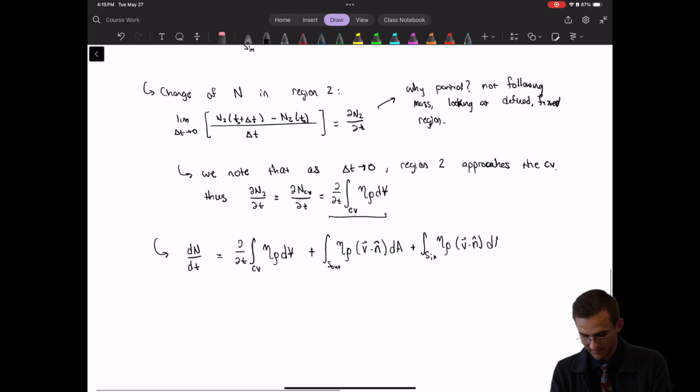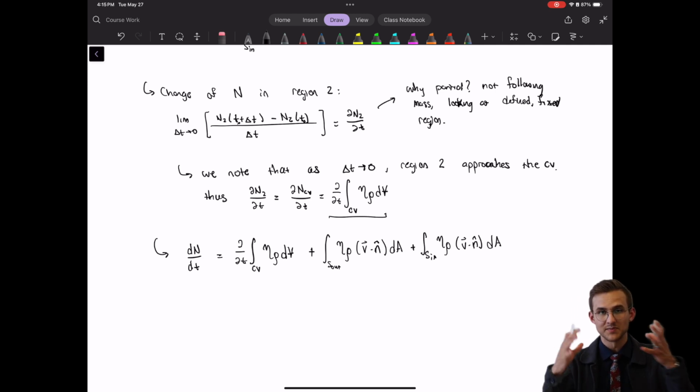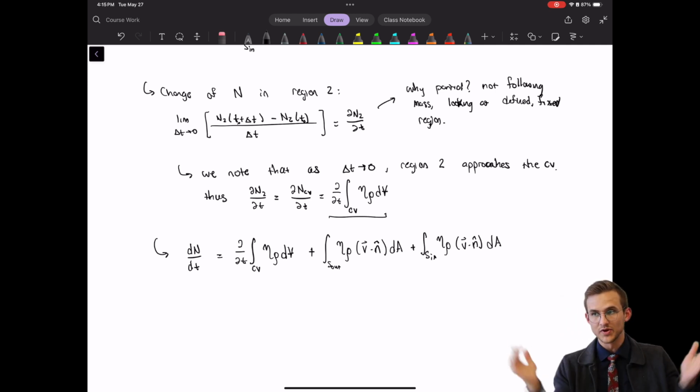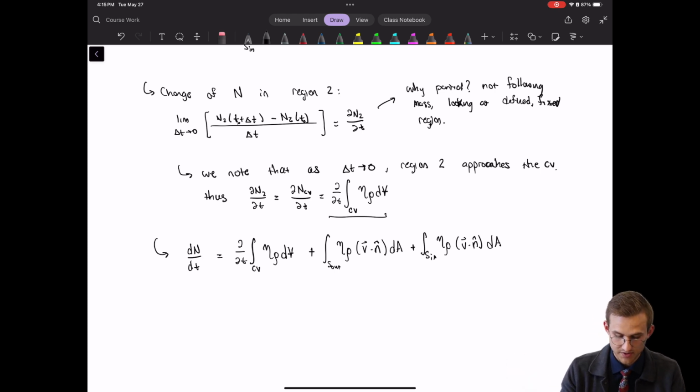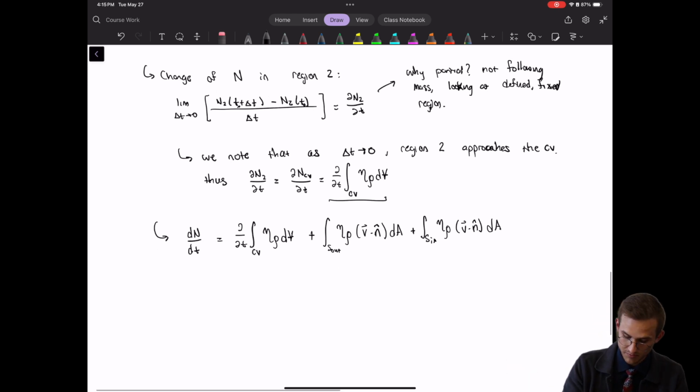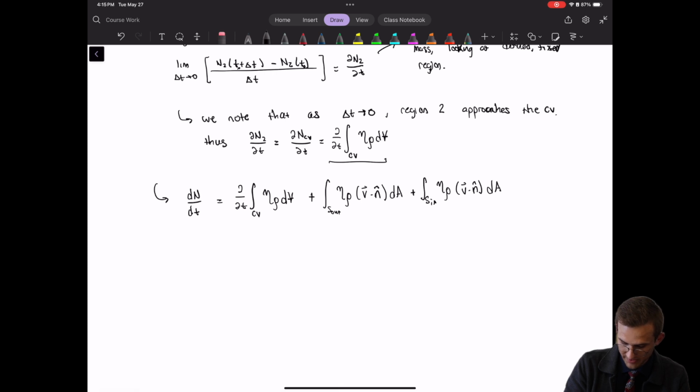And now you have the same integrand and the unification of the surfaces S out and S in. If you add both those surfaces together, you just end up with the entire control surface, or the entire boundary of the control volume. And so you can replace that with a single integral. So the first piece is the same.